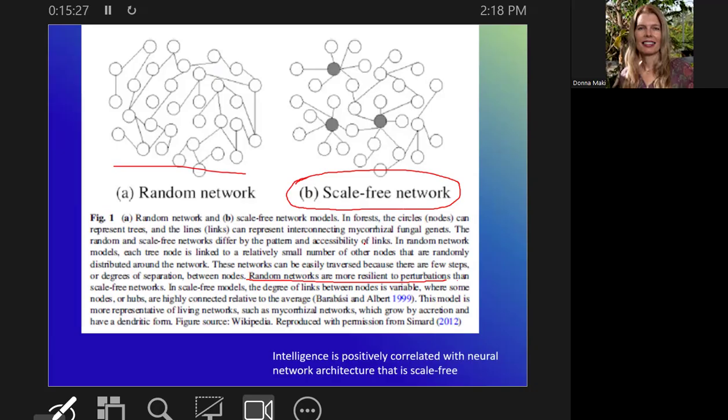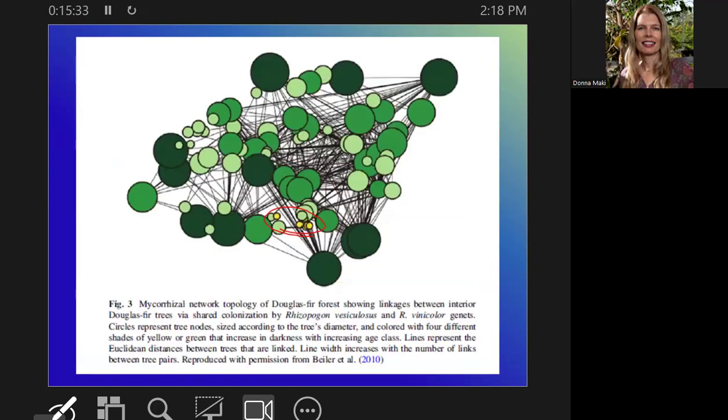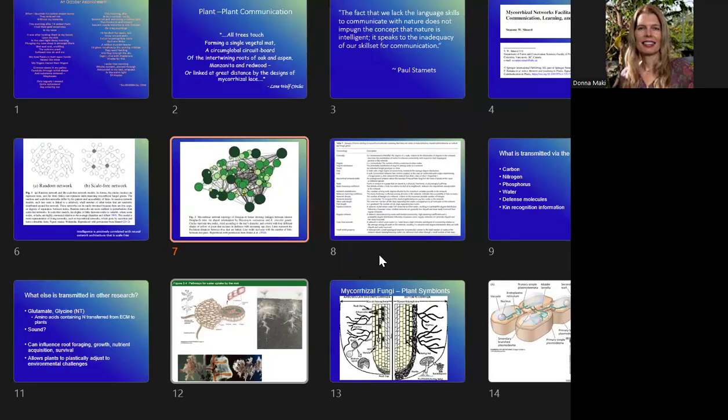And you have these links where you have major hubs and then you have them connected to many other trees in the area. This is some of her data with some of her grad students and postdocs, where she's showing the different hub trees in the mycorrhizal network.